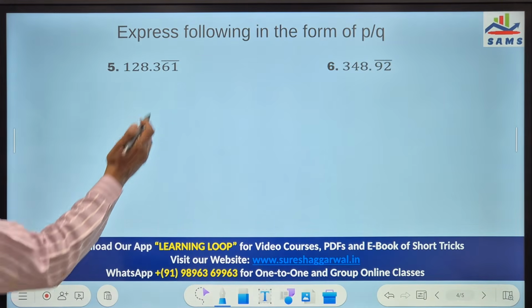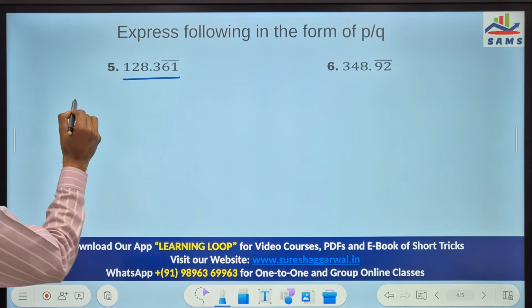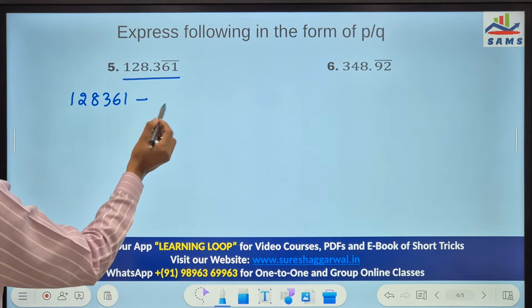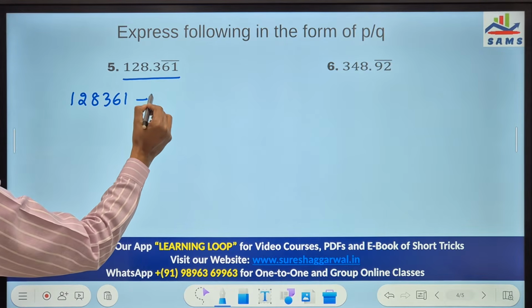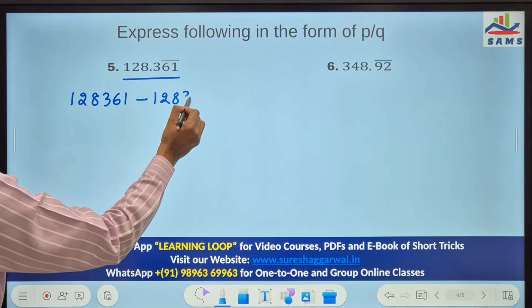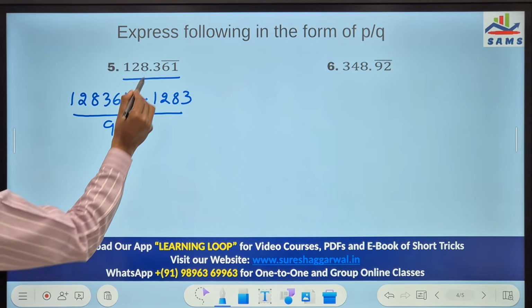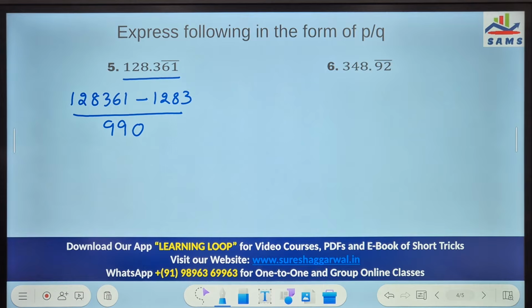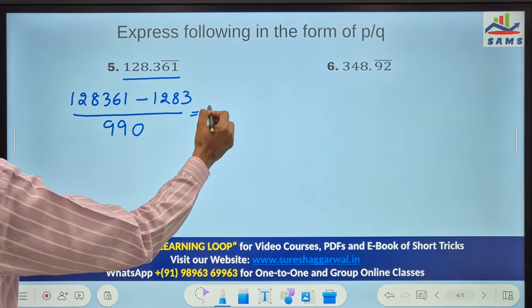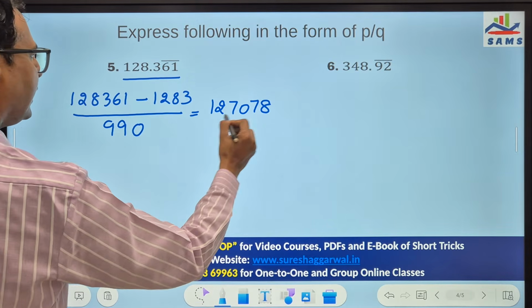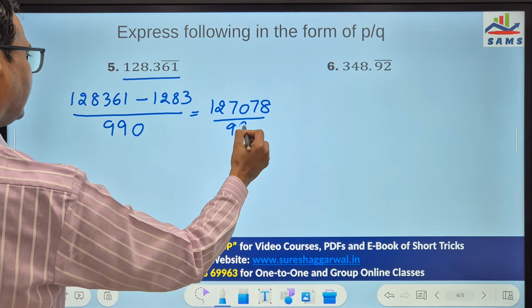See, big question. First write the complete number 128361. Subtract, forget the bar and the decimal, so 1283, and upon 2 digits under the bar means 2 nines, 1 digit not under the bar means 10, and this will give me 127078, and in the denominator 990.